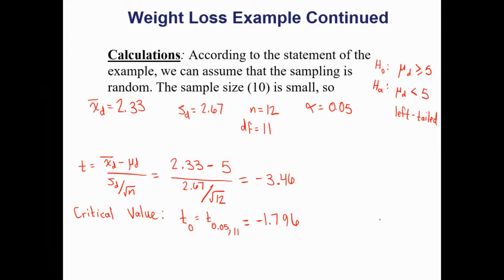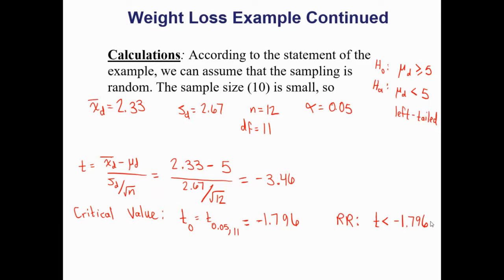So what would our rejection region be? I'm going to just put that over here as RR. If T is less than negative 1.796. Okay, well, we have our test statistic.